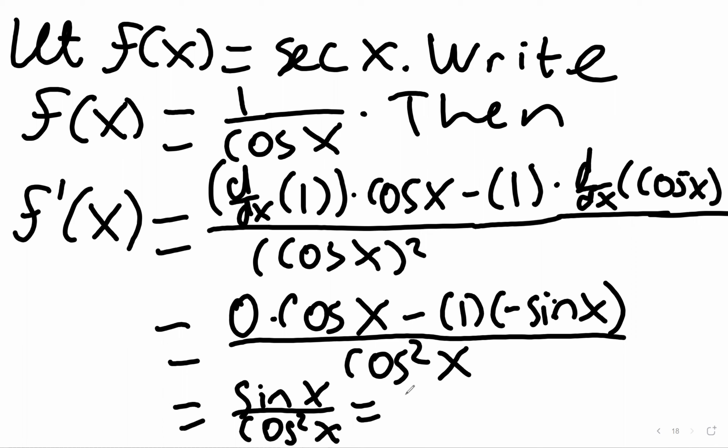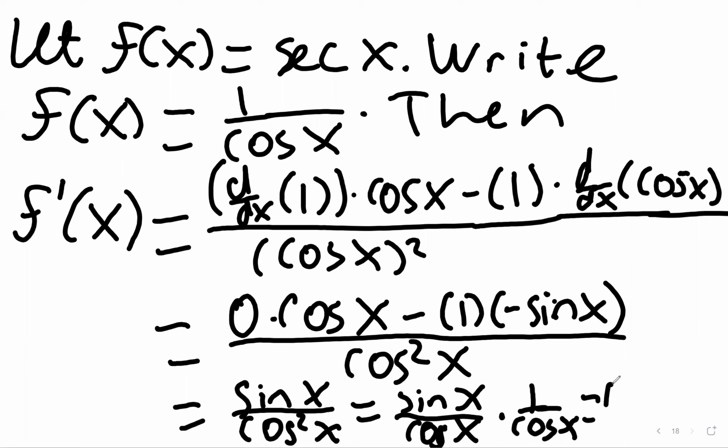I can write it as sine of x divided by cosine of x multiplied by 1 over cosine of x, and here we have tangent of x multiplied by secant of x. So the derivative of secant of x will be tangent of x multiplied by secant of x.